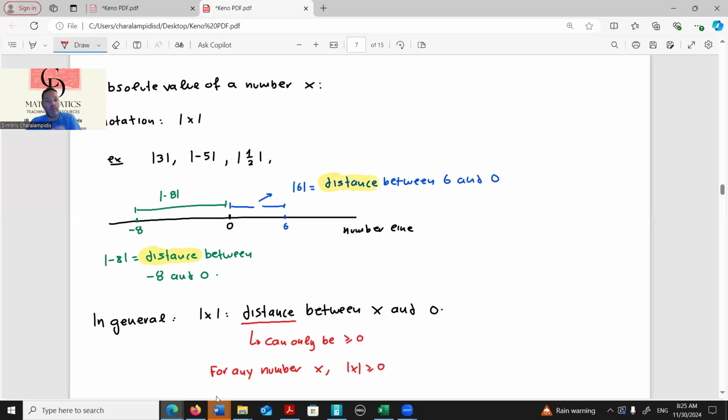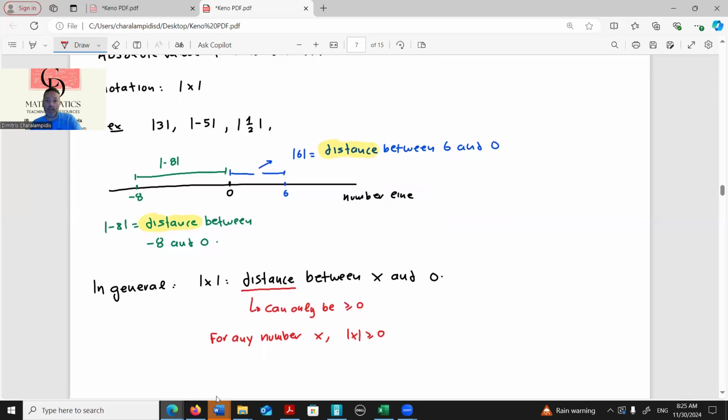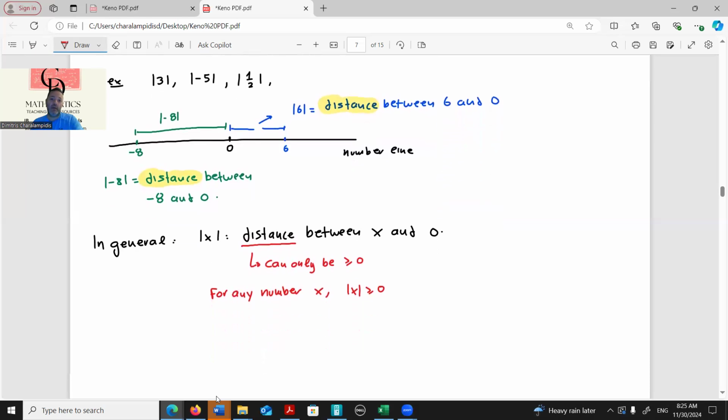And this is the key concept that we should keep with regards to the absolute value. Absolute value of a number is the distance between that number and number 0, and it's always greater or at least equal to 0. In any case, never negative.